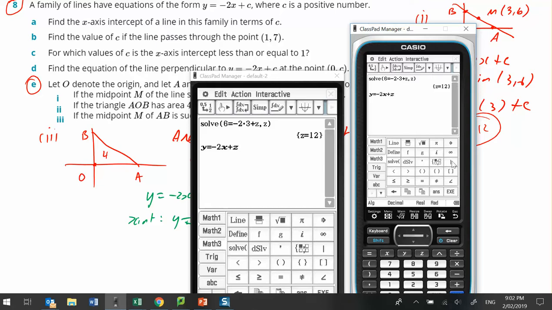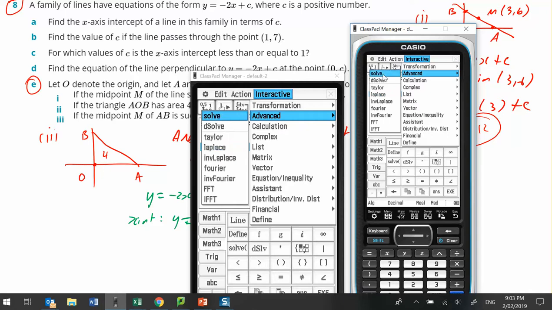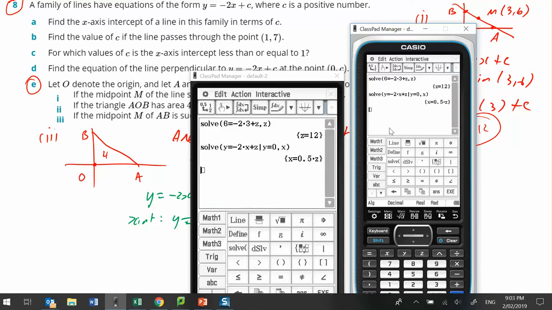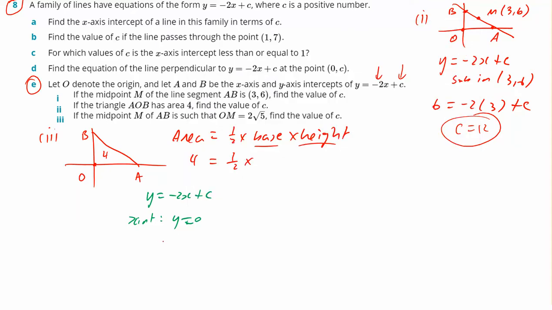Now, how do I find the x-intercept? Whenever we have an x-intercept, y equals 0. So y equals 0, and I'm going to go interactive and solve for x. Okay, perfect. I want it in standard form. So z over 2, which is c over 2. So x equals c over 2.